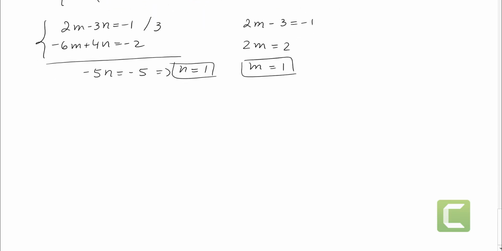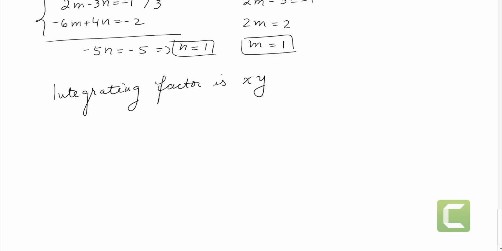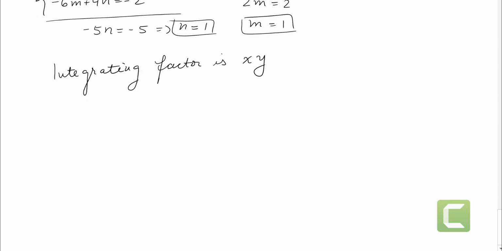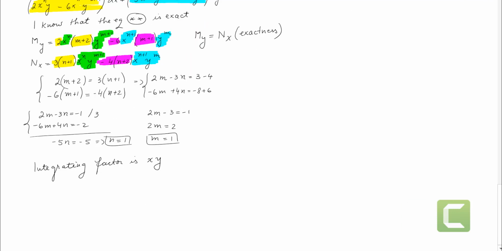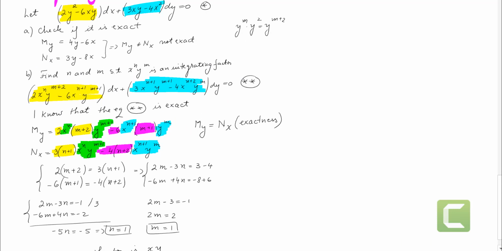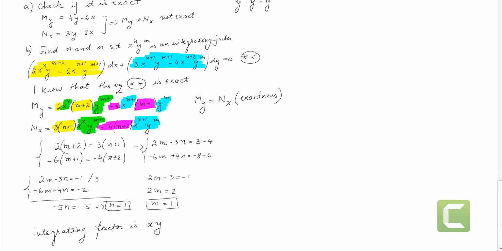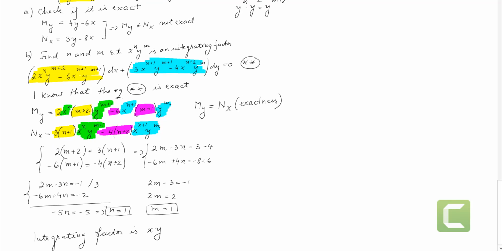So the integrating factor is xy, because it was x to the n, y to the m. What does that do? It makes my equation exact. So basically, when you multiply the first equation star by x times y, so let's do that.